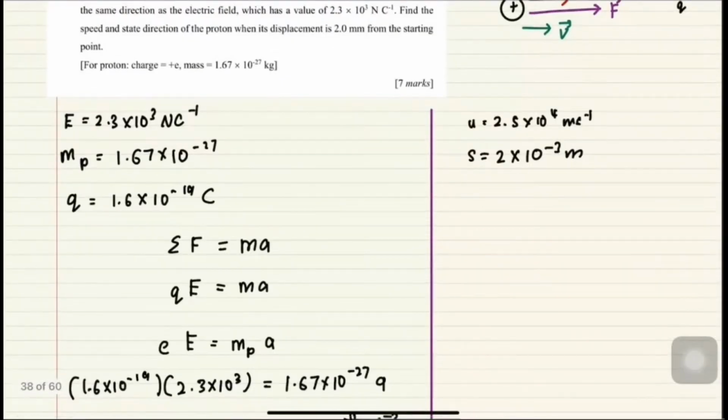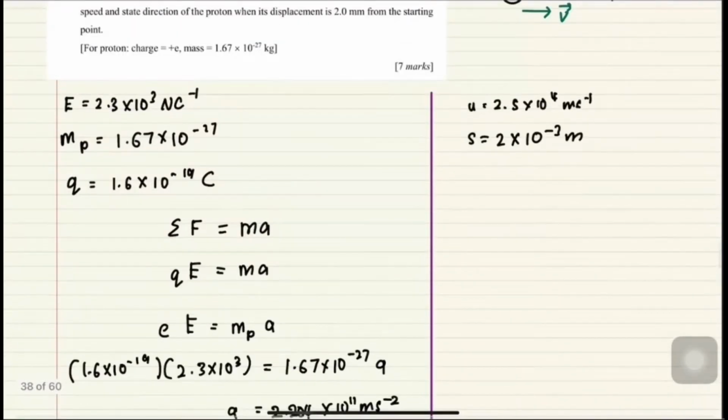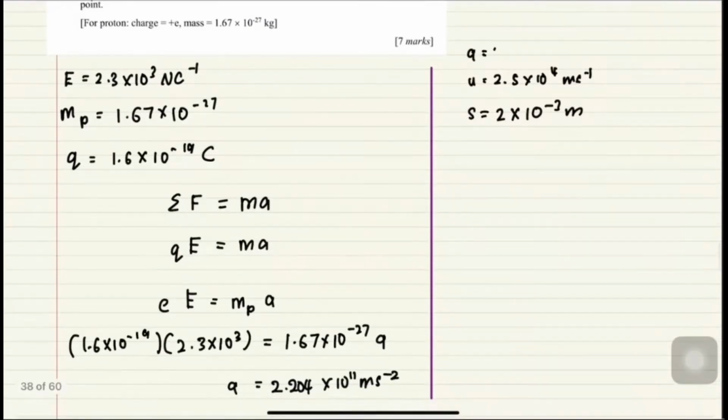So now you have U, S, and A, and you want to find the final velocity. Okay, after it's traveled 2 times 10 negative 3. So you can apply V squared equals to U squared plus, if you guys still remember, 2AS. So the V here is the one that we want to find.